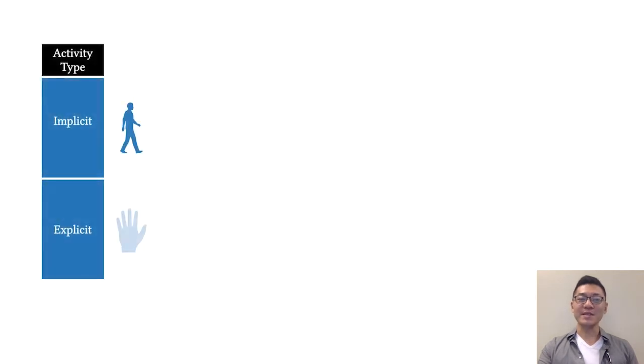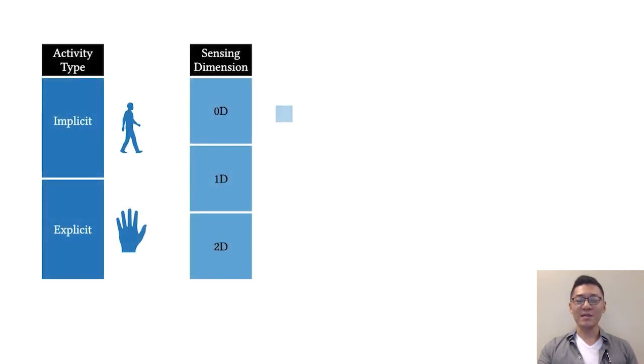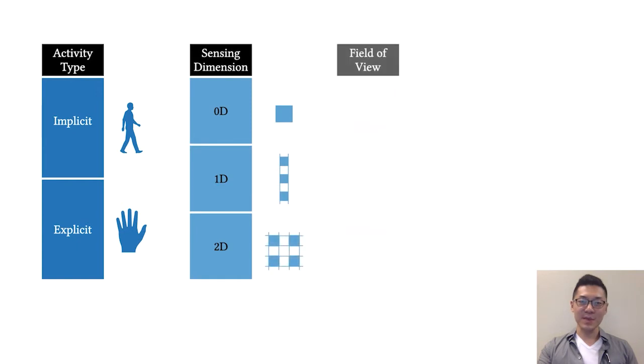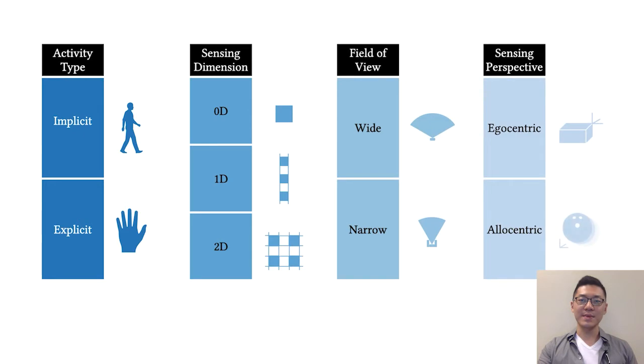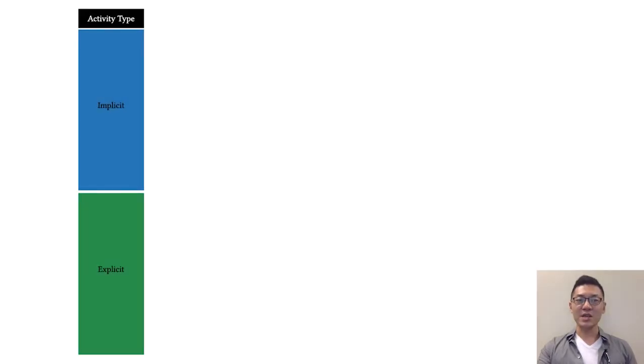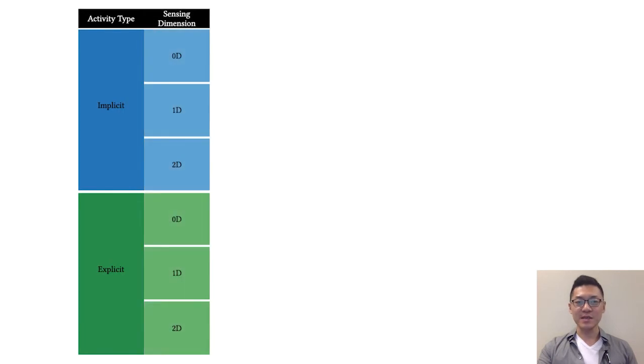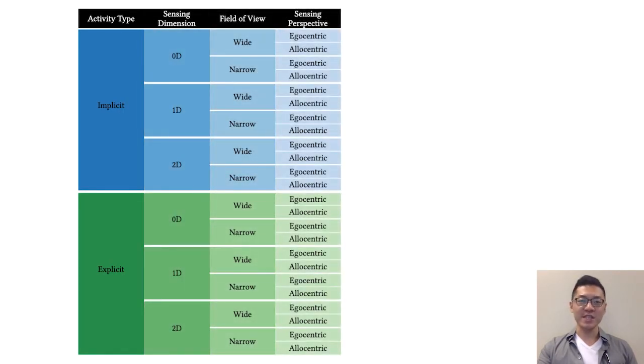We create a design framework based on activity type, sensing dimension, field of view, and sensing perspective. All the parameters generate a rich application space from different variations.